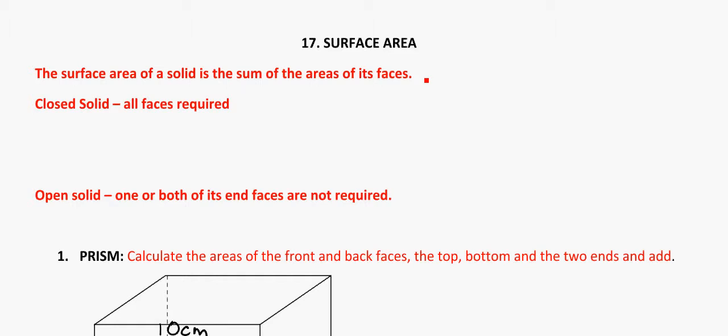Okay, we're now going back to use our skills of finding area to finding the surface area of any shape. Now the surface area means how much cardboard is it made out of and things like that. So we have what we call a closed solid, and a closed solid would be like a shoebox with a lid on it.